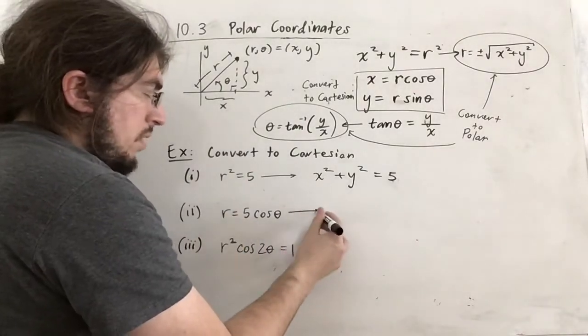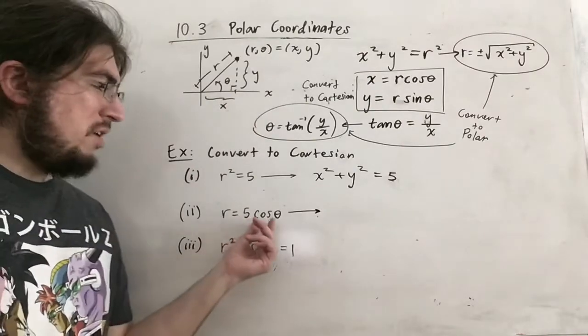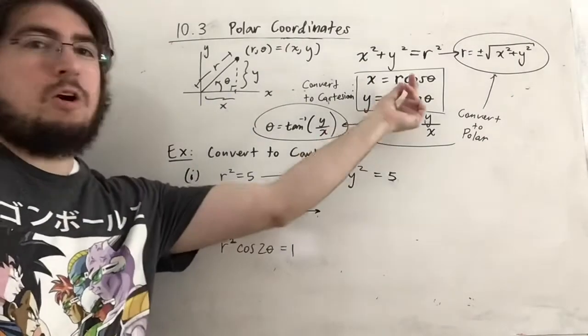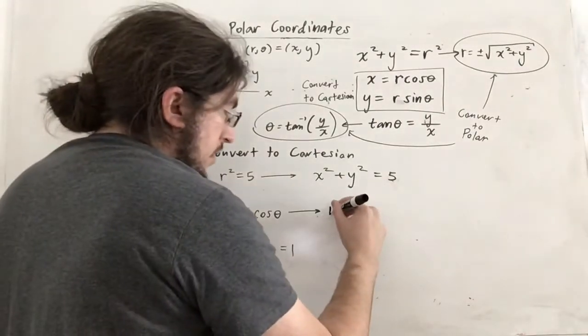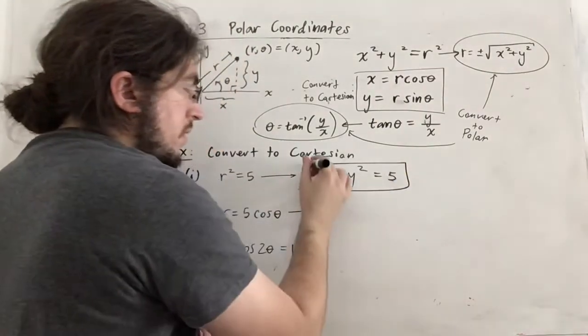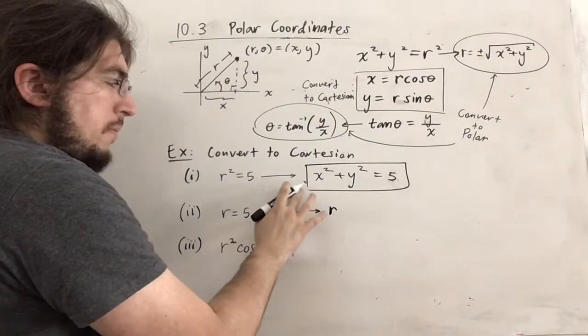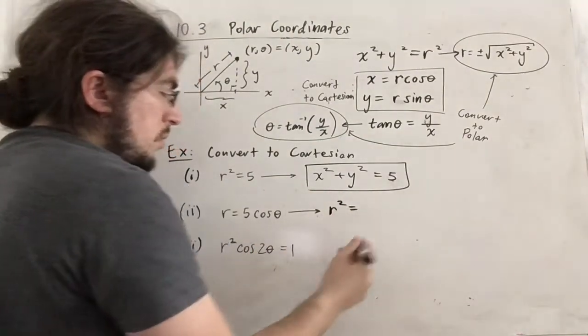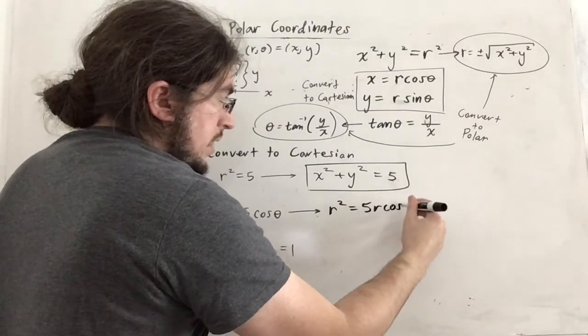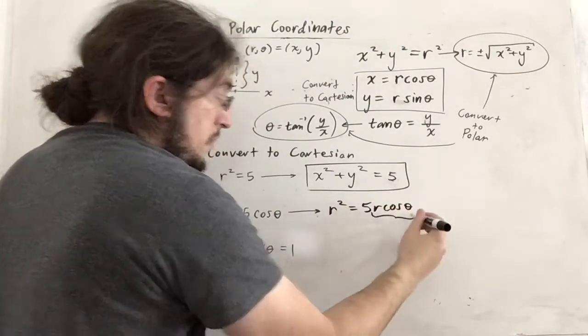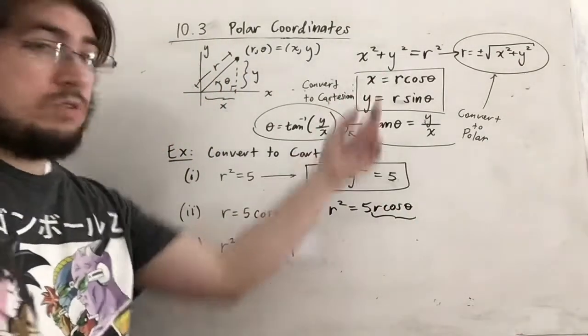Here, well, we have cosine of theta, but we want r cosine of theta to make it an x. So if we multiply both sides by r, so this is the answer for the first part. But for the second part, if we multiply both sides by r, we'll get r squared on the left, but on the right we'll get 5r cosine of theta. And that's good because what's r cosine? R cosine is x.